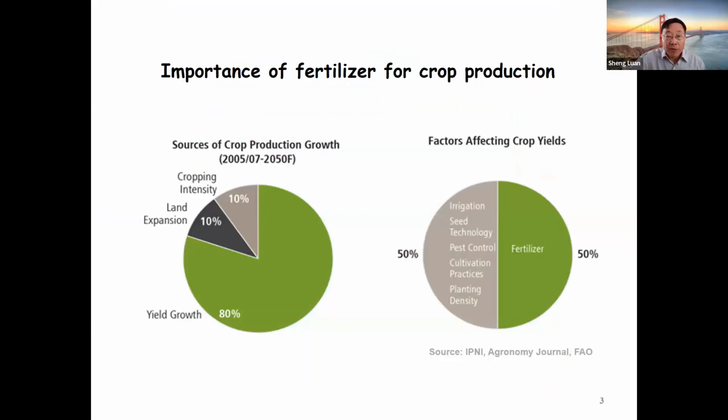And just to focus on the fertilizer, it's predicted that in this half of the century, the yield increase of crop production is going to depend heavily on fertilizer use. It's predicted that 50% of the yield increase is going to be due to fertilizer use. So in other words, without fertilizer, we're going to cut the yield in half. Then everybody becomes hungry, right?